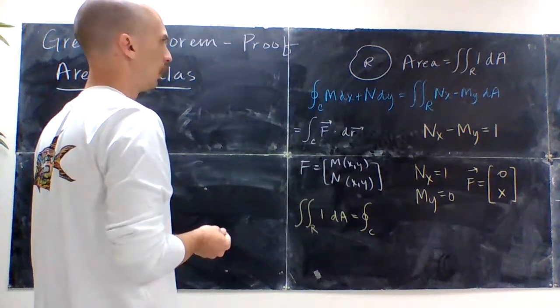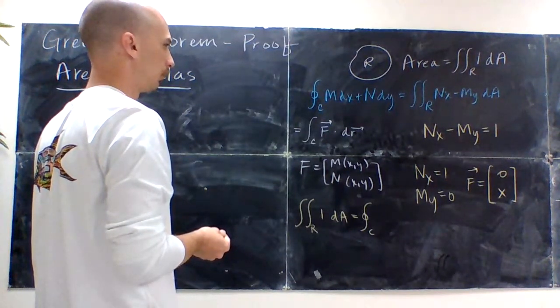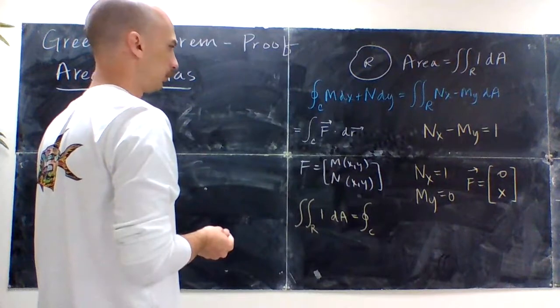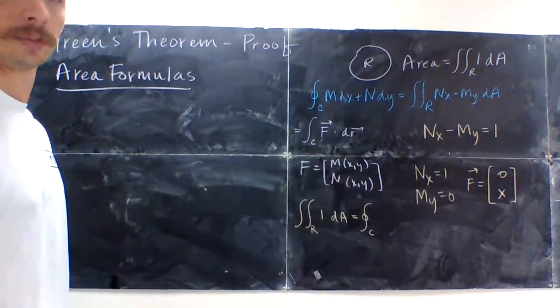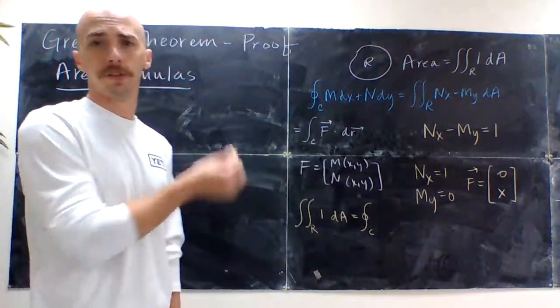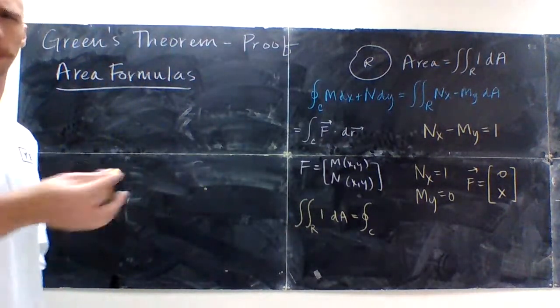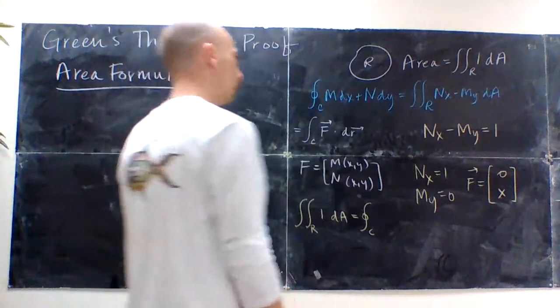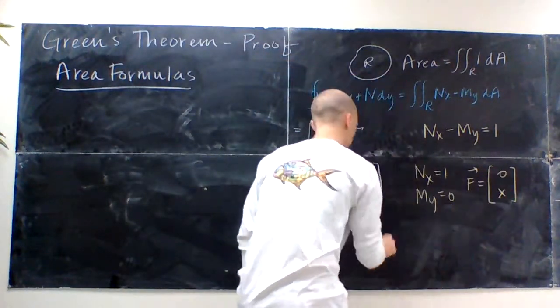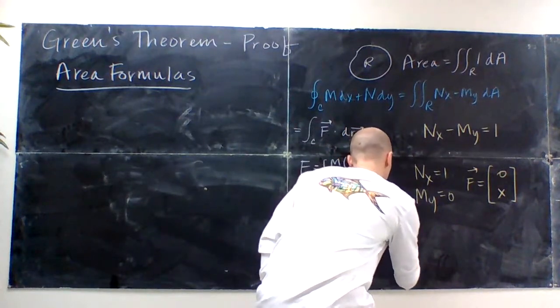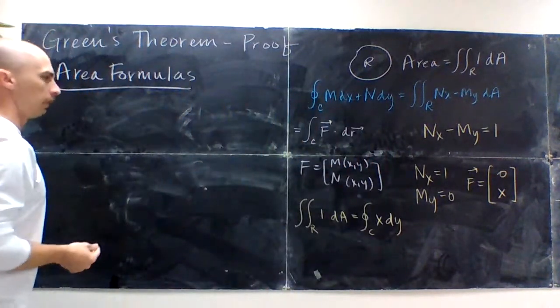It's usually when we go to compute those, it does pass through into some function of t. So it's going to be f dotted with dx and dy, so this will be the integral of x dy. That is one of our area formulas.